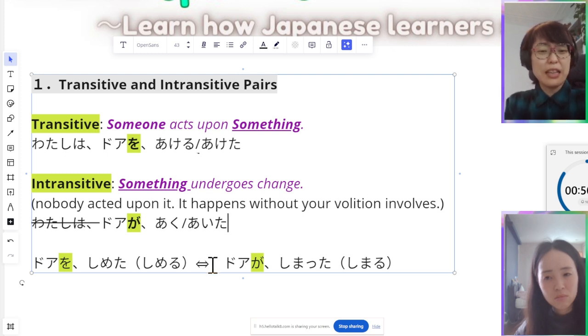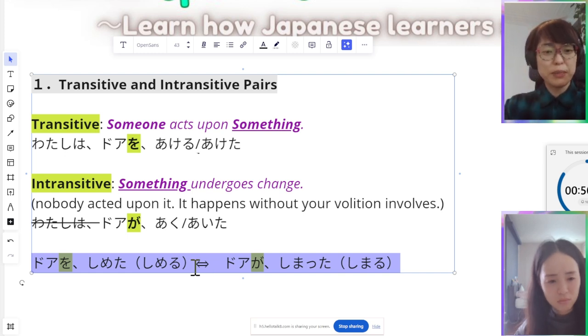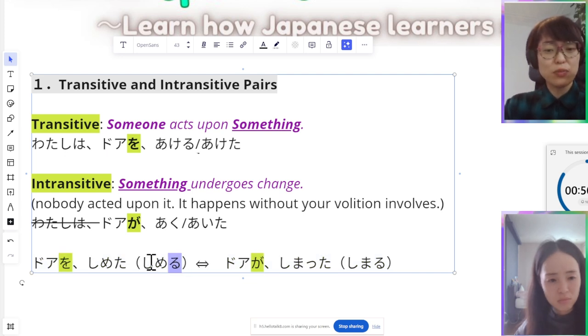Then the second example Andy explained is 閉める and 閉まる. ドアを閉めた. ドアが閉まった. Different verbs, but really similar. 閉める is an 一段 verb, and on the other hand, 閉まる is a 五段 verb.